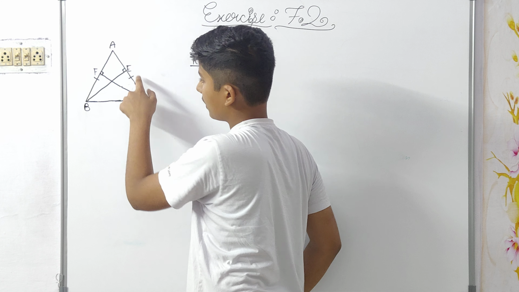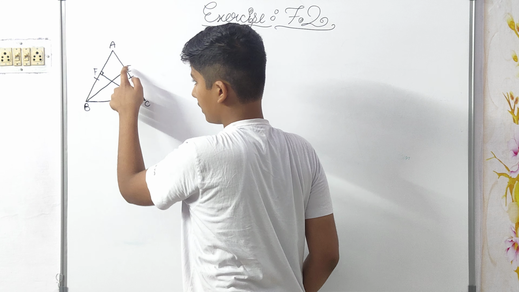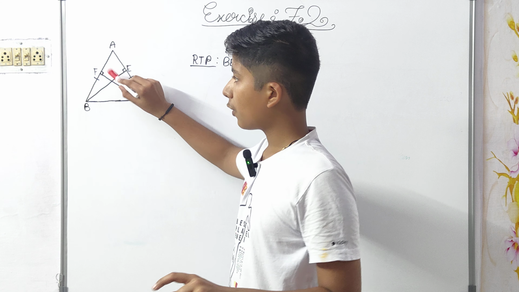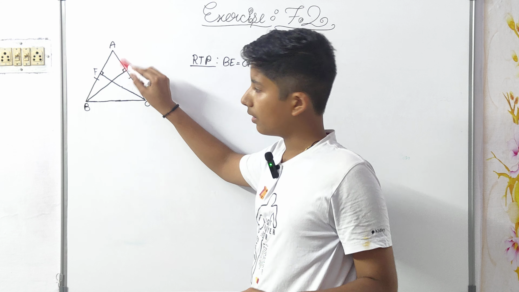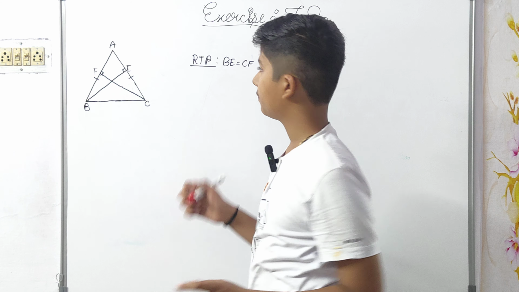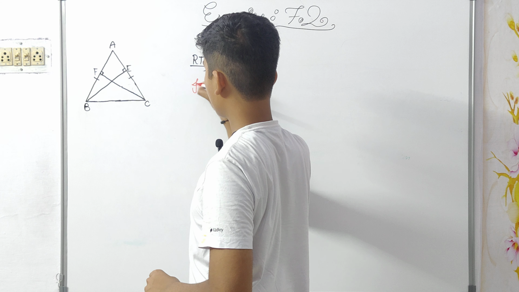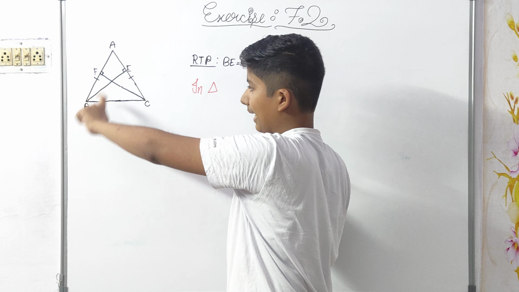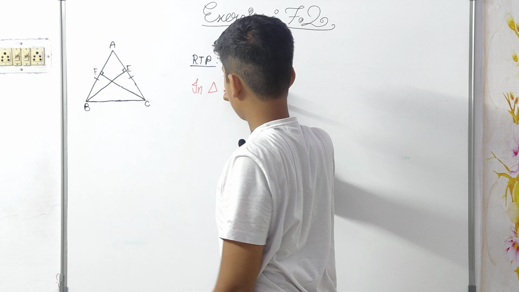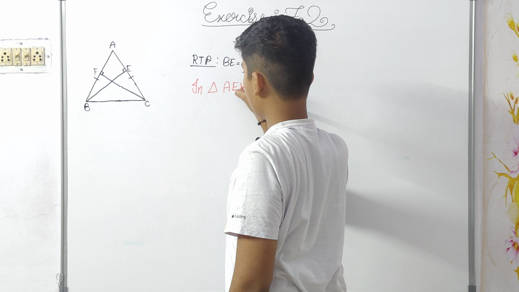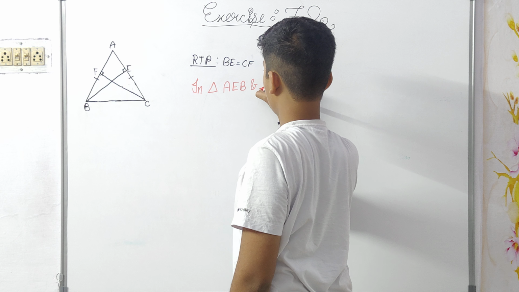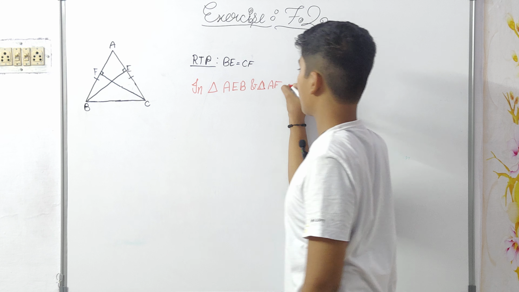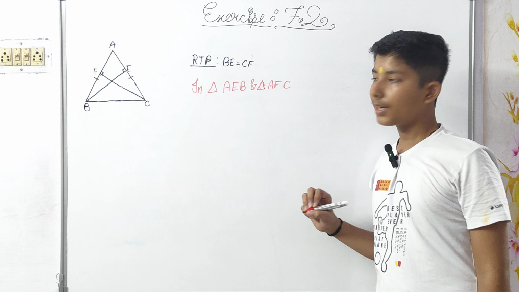It is given that these two sides are equal, these are 90 degrees, and we can only prove this if we see these two triangles congruent. So firstly, in triangle AEB and triangle AFC. These two are the triangles.